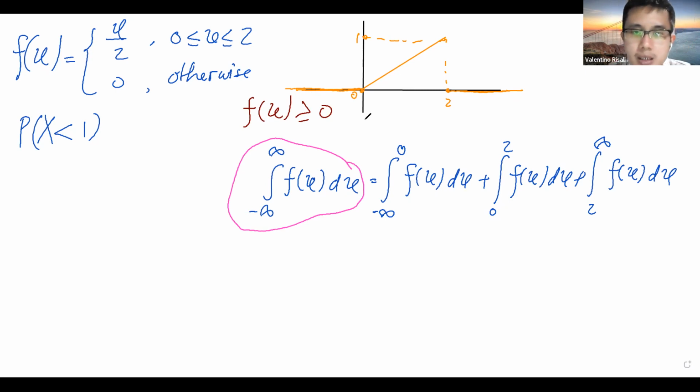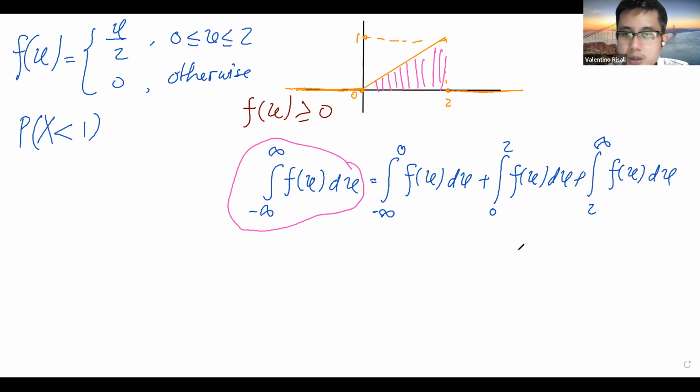Because the value of f(x) before 0 is 0, and also 0 for x greater than 2, we only consider the non-negative area, that is this triangle.